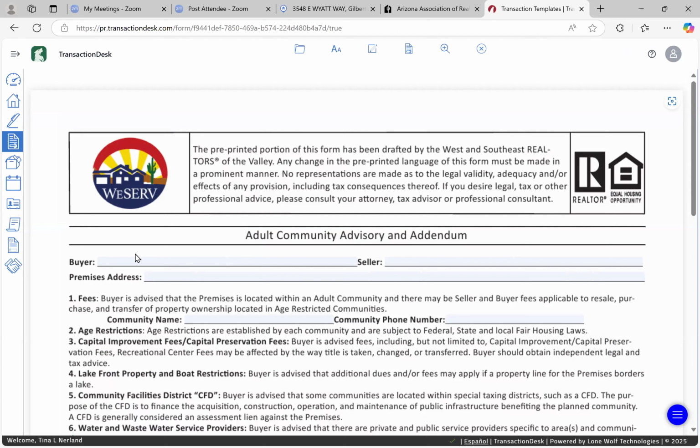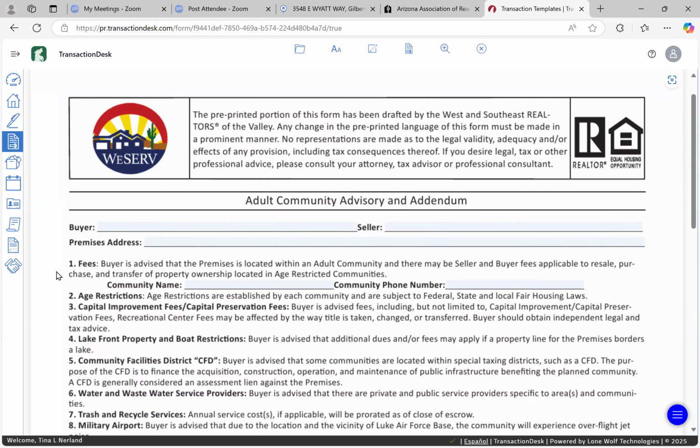The Adult Community Advisory Addendum just has the buyer's name, the seller's name, and the address. Under fees, the buyer is advised that the premises is located within an adult community and that there may be seller and buyer fees applicable to resale, purchase, or transfer of property ownership located in age-restricted communities. It's going to have the community name and the community phone number.